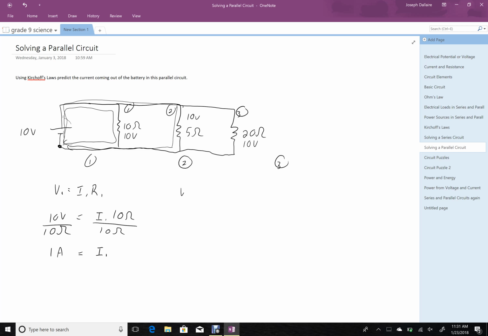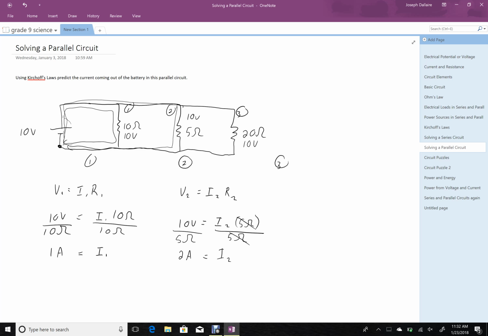Similarly at location 2, V2, I2, and R2, my 10 volts here is acting on a 5 ohm resistor. Again, isolating for the current, I can see that I2 is 2 amps.